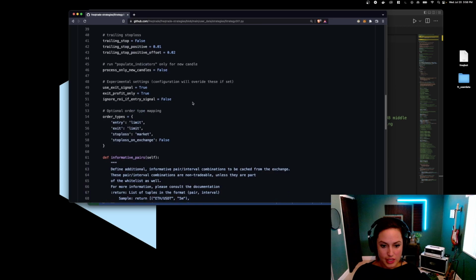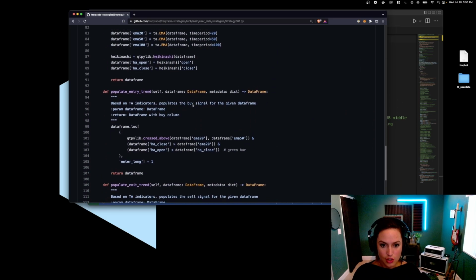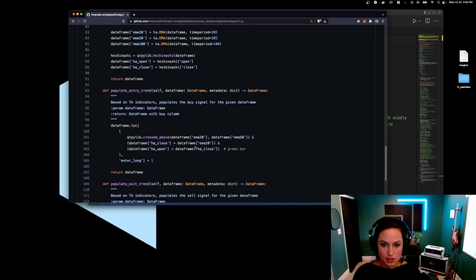Okay, scrolling down to the entry and exit trends, you'll see that this strategy uses Heikin-Ashi candles. Heikin-Ashi candles remove a little bit of the noise in the trading signals so that we can look at more macroscopic trends, so they're great to pair with more macro indicators. Here, we have a golden cross when the EMA 20 crosses above the EMA 50, and the Heikin-Ashi close, which should be the top of the green candle, right?